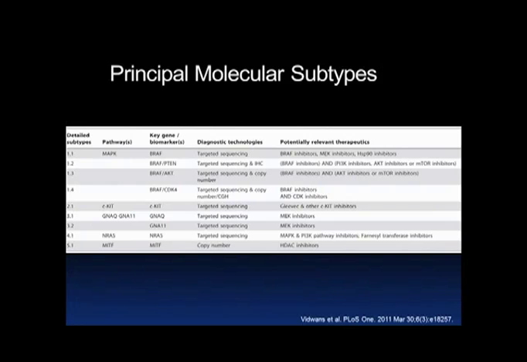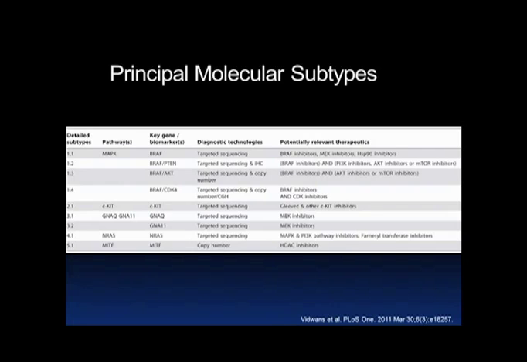So taking all of this together, in 2011, Viros et al. basically kind of went the heme path route and proposed a molecular classification system for melanomas. And what they did is, and again, this is cut off here. So the types are basically, those are the detailed subtypes right here.